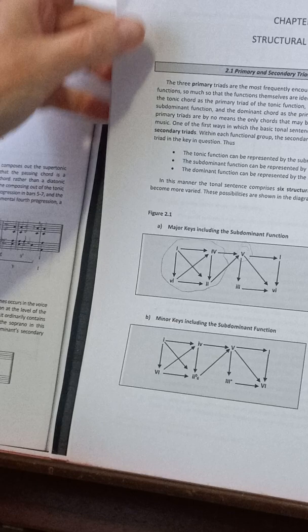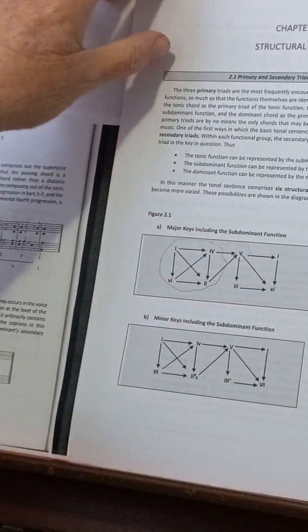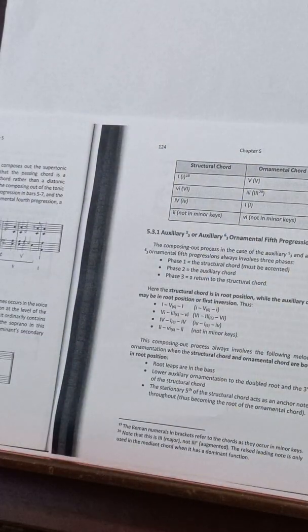So those are the chords I'm talking about, predominant, because they are the ones that go to the dominant in your tonal sentence. They are the ones that can take ornamental fifth progressions. The dominant group of chords, like 5 and 3, they don't take ornamental fifth progressions.